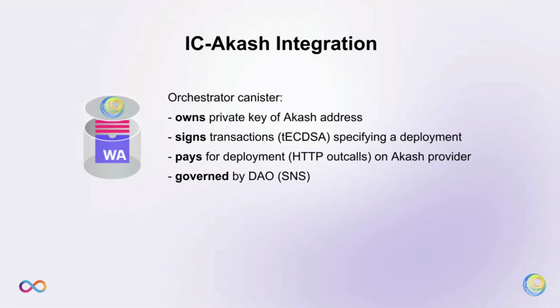So the orchestrator canister owns a private key, which basically controls an Akash address, and uses threshold ECDSA to sign transactions that are then sent to the Akash network using HTTP outcalls. And these transactions are basically the deployments and the information that the Akash node providers use in order to understand what kind of service they need to deploy.